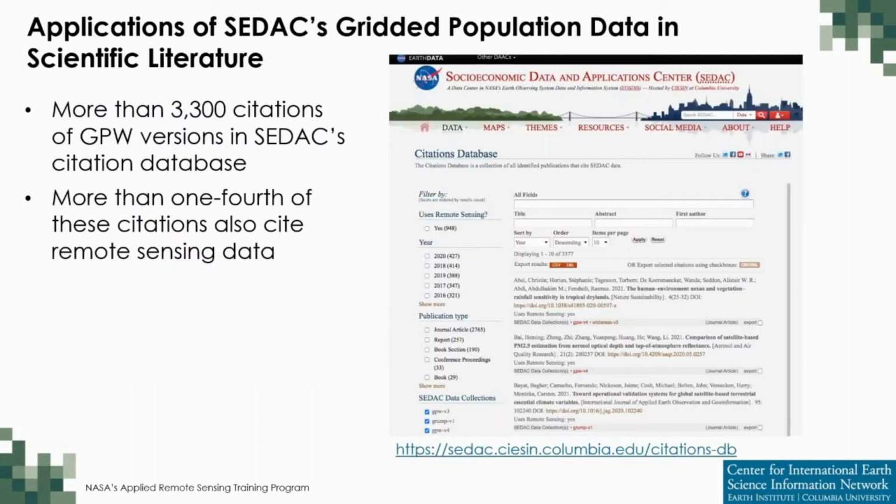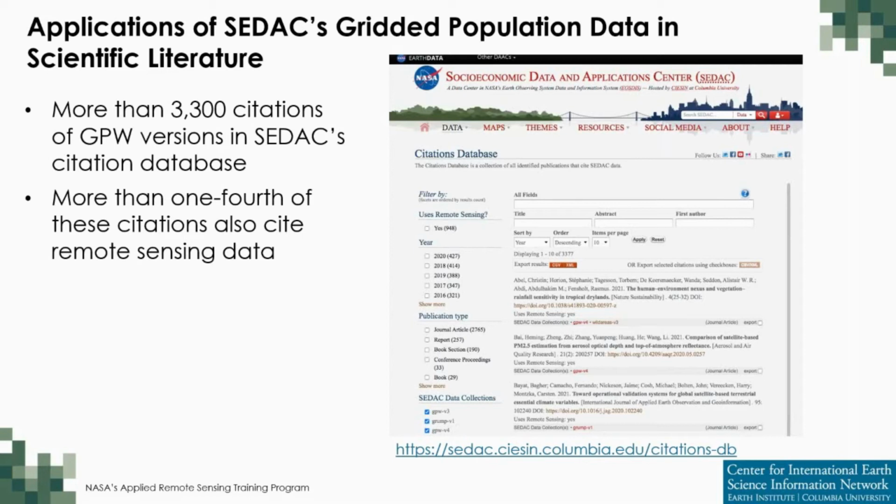So the main part of my talk, I wanted to give you a sense of the overall different types of applications of gridded population data. You'll hear more in the rest of this session from a couple of people who have worked in more detail on specific applications. But over the years, CDAC, the NASA Data Center, has collected citations on the use of our data.